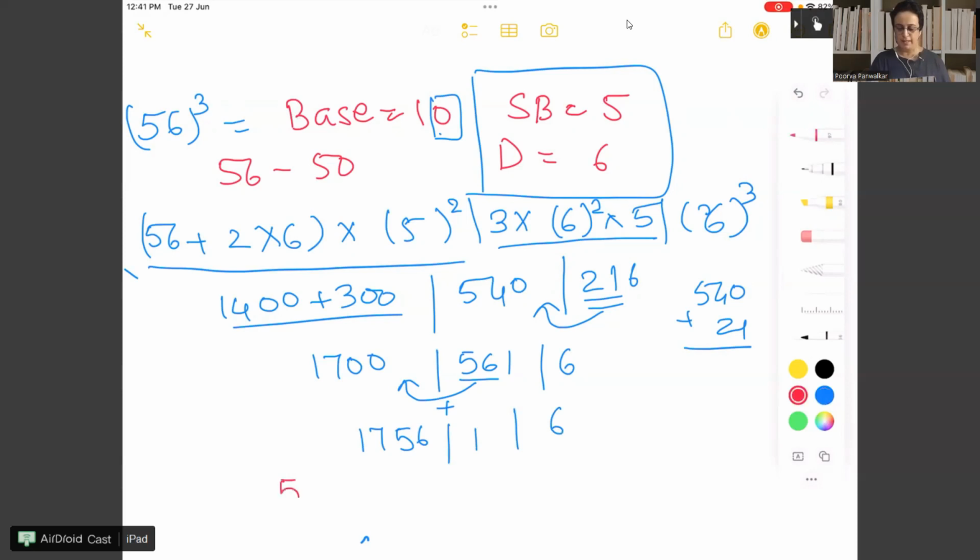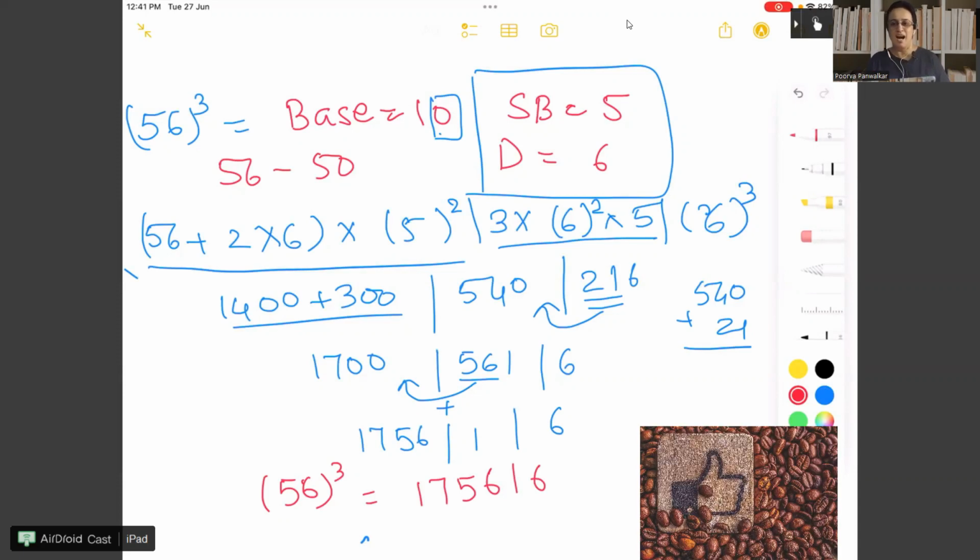So my final cube of 56 comes out to be 175,616. Now you all must have realized that finding the cube with the help of the Nikhilam Sutra, where the numbers are close to the base, makes solving it so easy, and the calculations are on the tip of my fingers. I hope you all have liked this method.